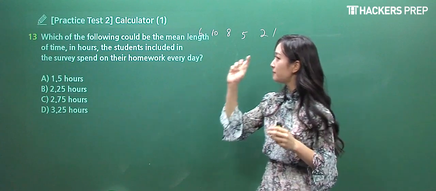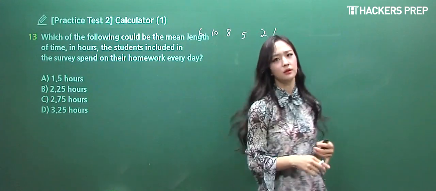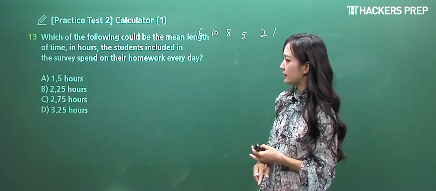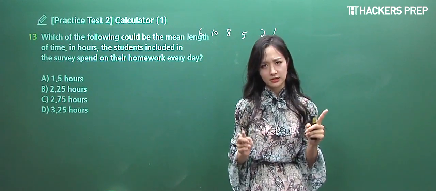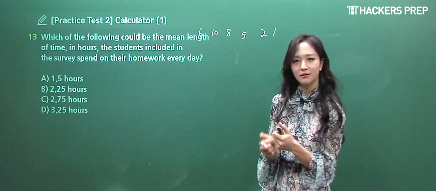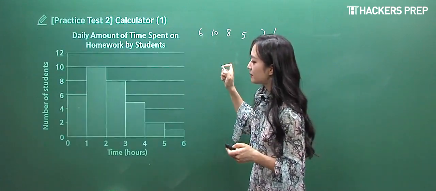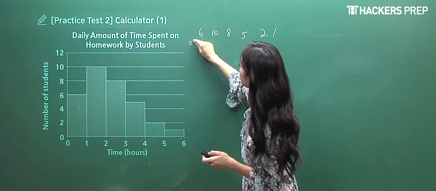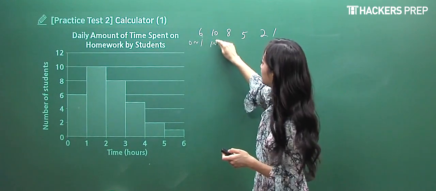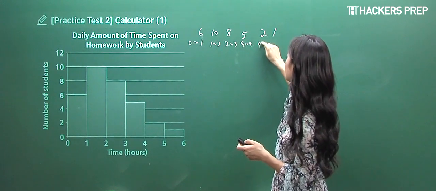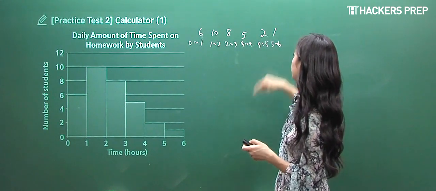Which of the following could be the mean length of hours the students included in the survey spend on the homework every day? So this question was a bit tedious. You had to do a lot of calculations with your calculator. So let's go back to the histogram real quick. Students spending between 0 to 1 hours, 1 to 2 hours, 2 to 3, 3 to 4, 4 to 5, and maximum.